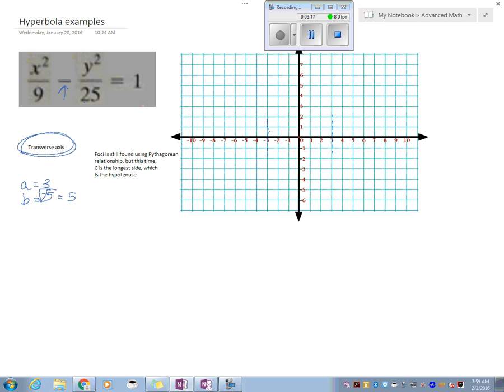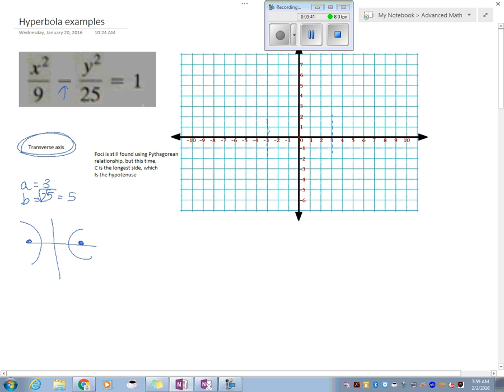But bottom line is we add these this time to find C, because in the hyperbola, the focus points are going to be bigger than the A's, so they are going to change in a greater amount.